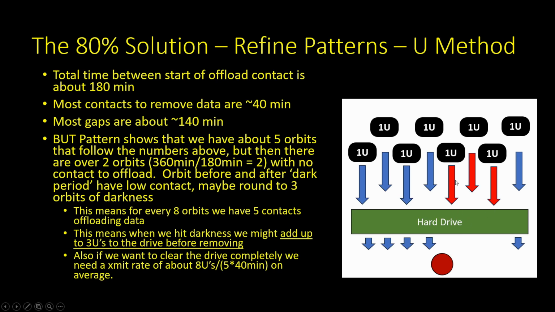So now I know I need a hard drive that is either at least 2 U's big, or hopefully 3 U's big. Here's why in the 50% solution it seemed like all the hard drives were much bigger than they needed to be, because it turns out there's a dark period where we've got to stock up on some of our data, so we're going to need a bigger hard drive, one that's 2 to 3 times the size that we had talked about before.